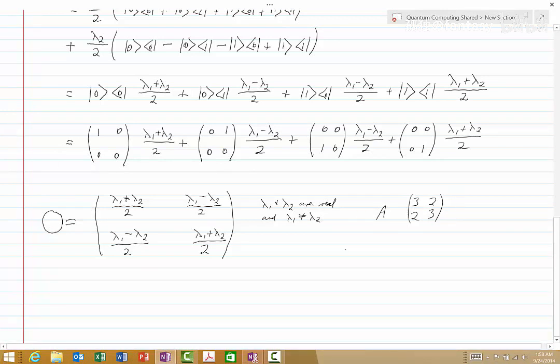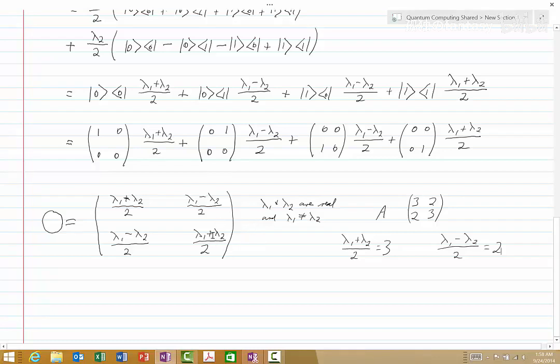We would say (λ1 + λ2)/2 is 3. (λ1 − λ2)/2 is 2, and this equation would be the same as the other off-diagonal one.